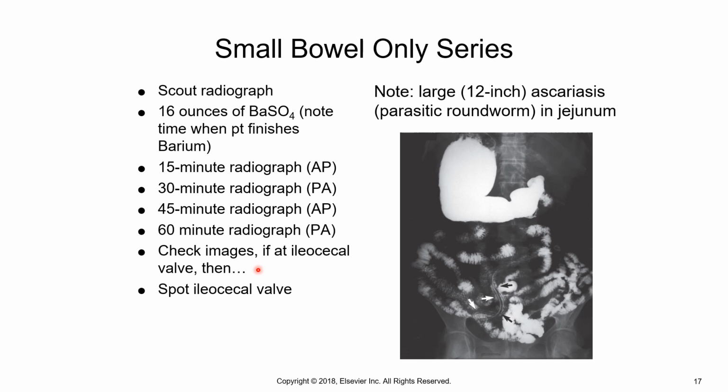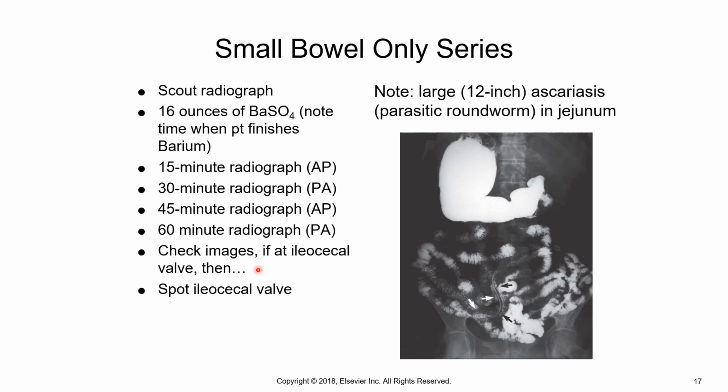So that's what the radiologist is trying to get, is an image of the ileocecal valve, because a small bowel only series is deemed complete when barium passes through the ileocecal valve. If barium doesn't pass through the ileocecal valve, the study is not complete.